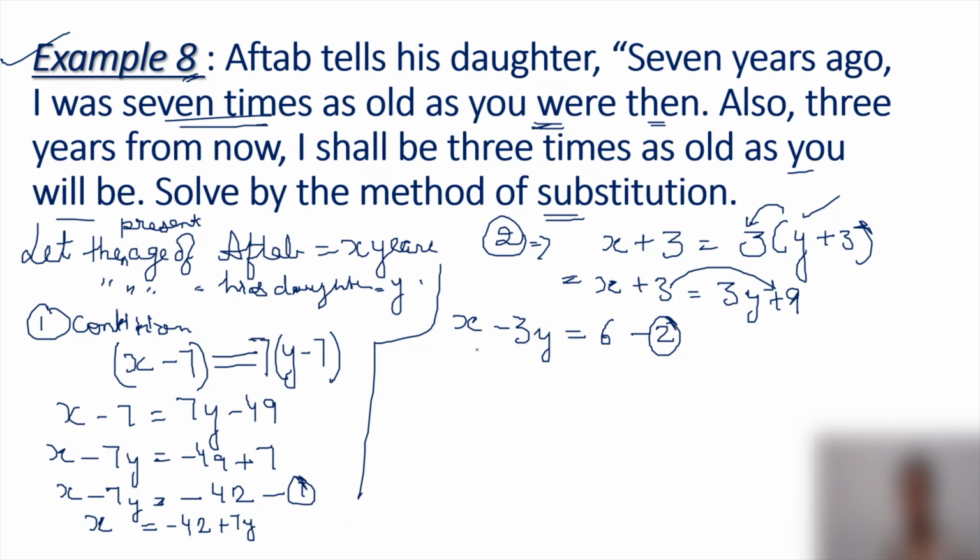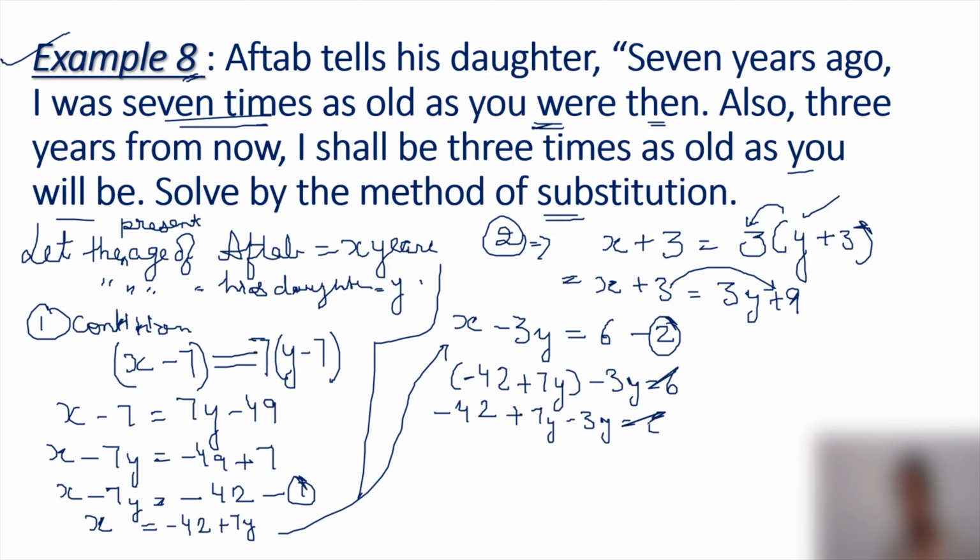Now put this value in equation number 2, we'll get 7y minus 42 minus 3y is equal to 6, which is 4y minus 42 is equal to 6. 4y is equal to 6 plus 42, that is equal to 48.